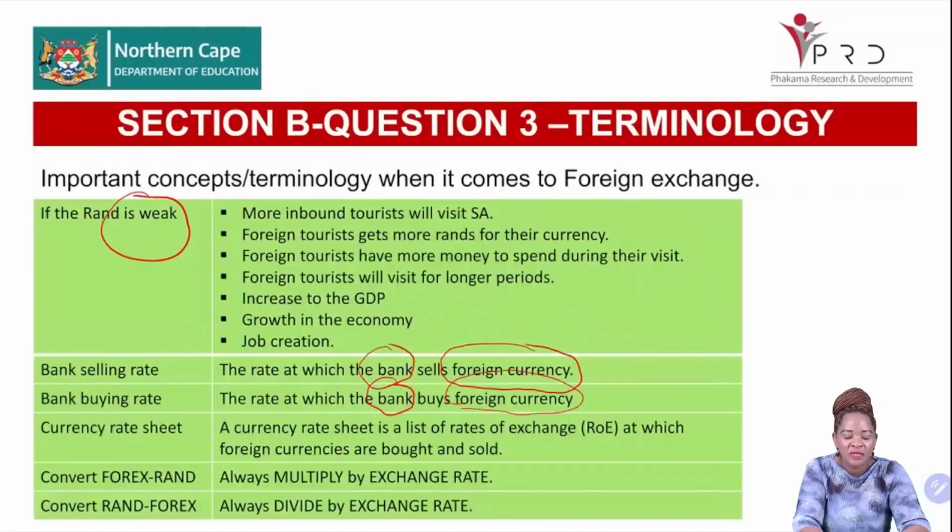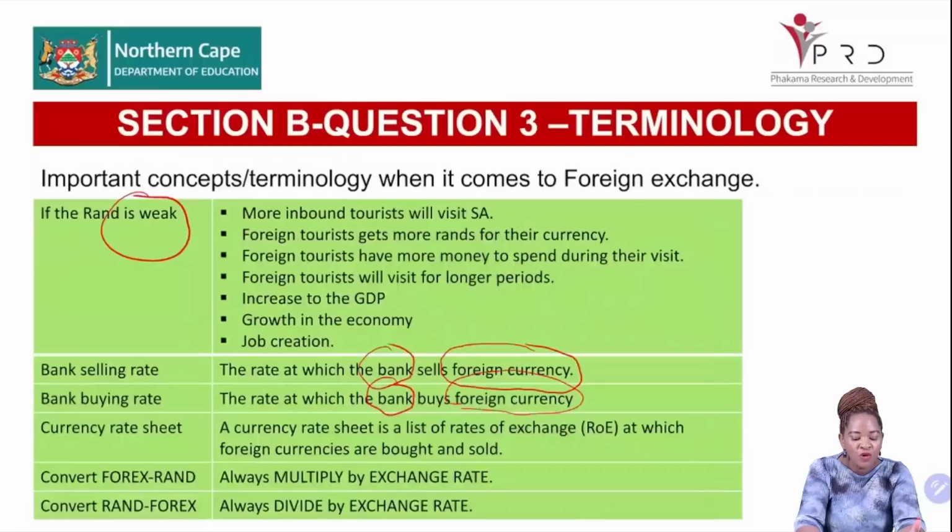A currency rate sheet is what you are going to be given. In question 3, it is going to have the name of the country and sometimes the name of the currency, maybe the symbol of the currency, the BBR and the BSR. So you cannot calculate any foreign exchange in question 3 if you do not have a currency rate sheet.